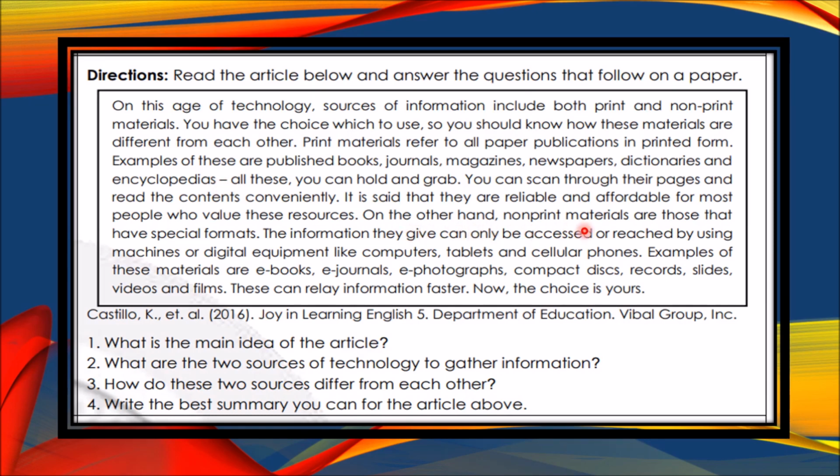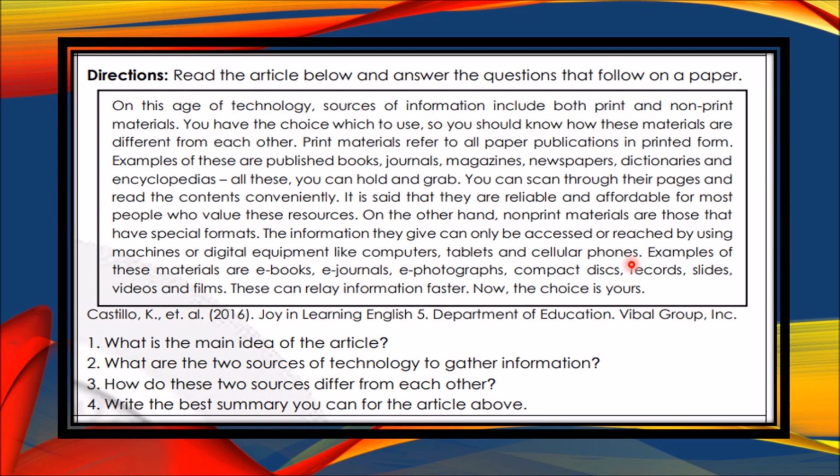Whereas non-print materials are information that can only be accessed or reached by using machines or digital equipment like computers, tablets, and cellular phones. So these are the examples.